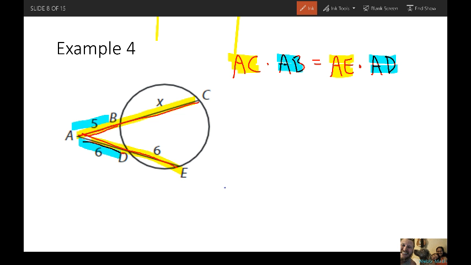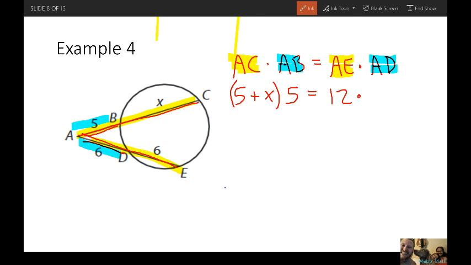AC was 5 plus x, right? Right, AC, 5 and the x, so 5 plus x. AB was just a simple little 5. AE, okay, AE is 6 plus 6, isn't it? So that's a total distance of 12.